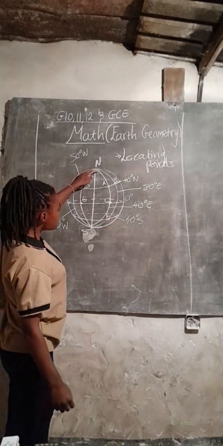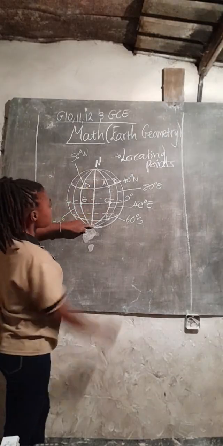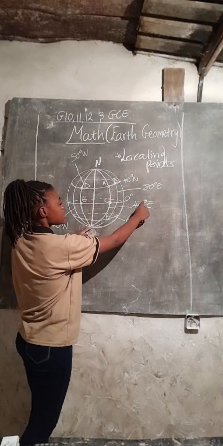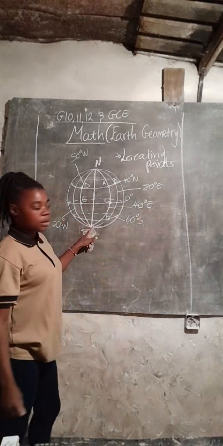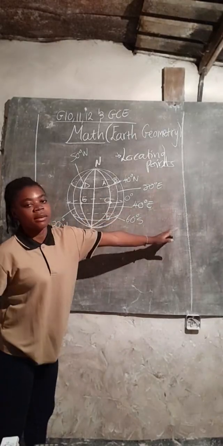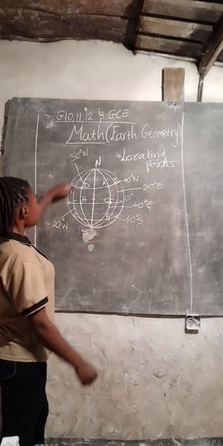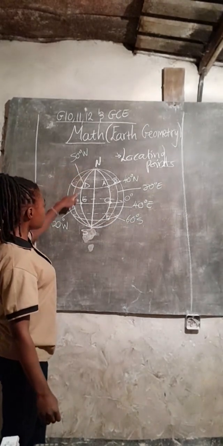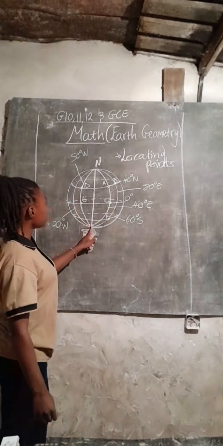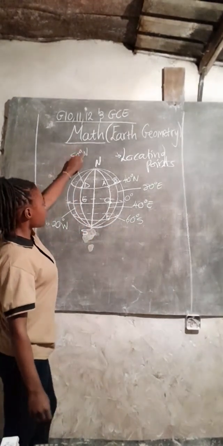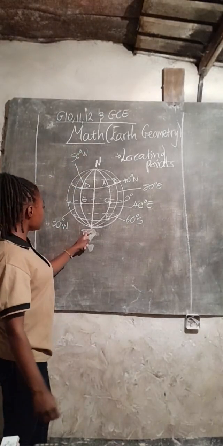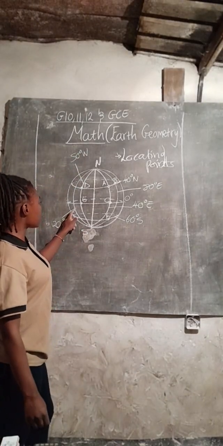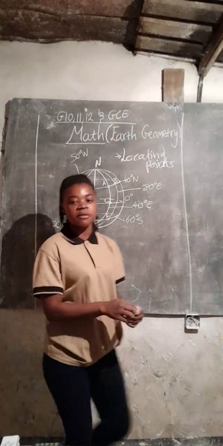Then the other longitude is this line, which I've said is at 40 degrees east. Why are they east? Because they are in the eastern hemisphere. Then we have the other line of longitude, which is this one, at 50 degrees west. And this other one is at 20 degrees west. Why? Because it is in the western hemisphere.